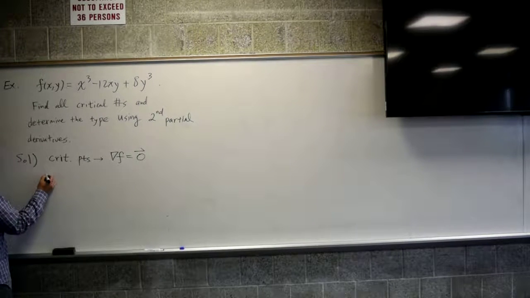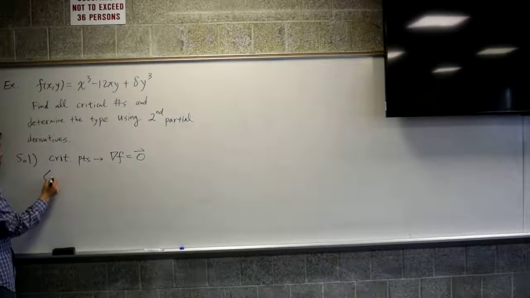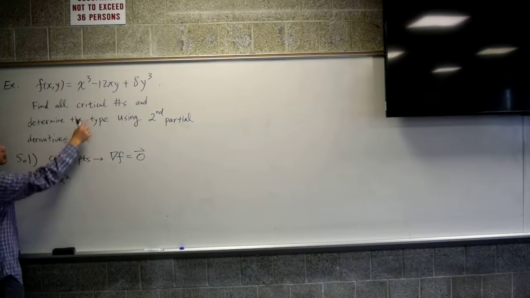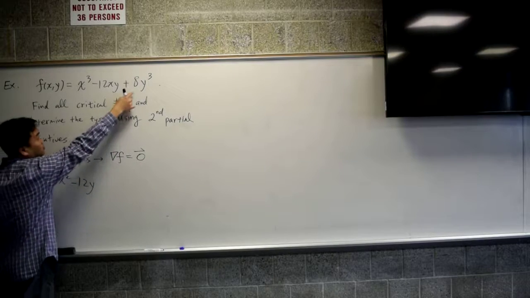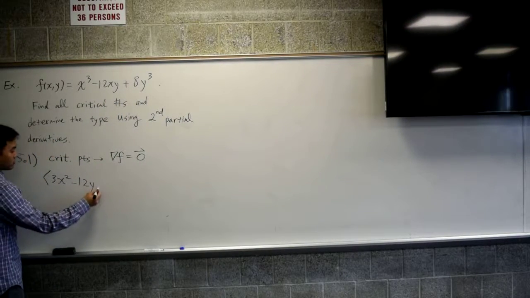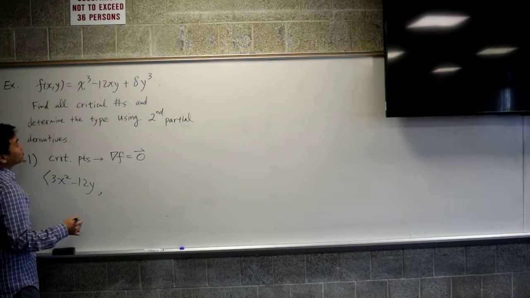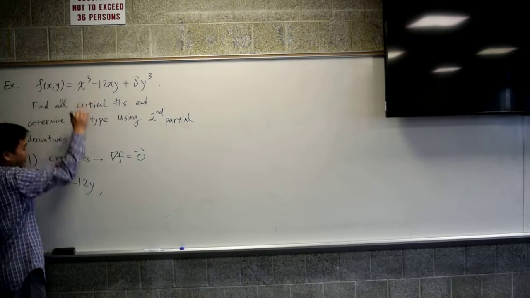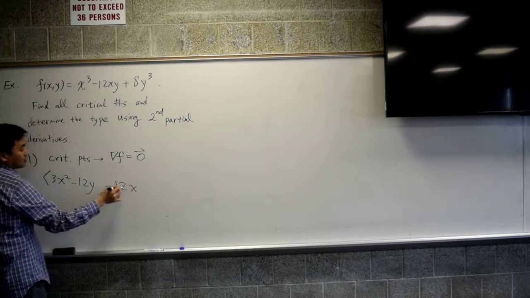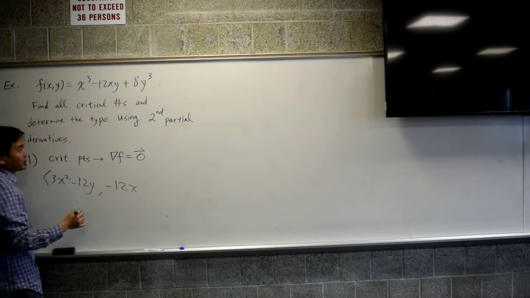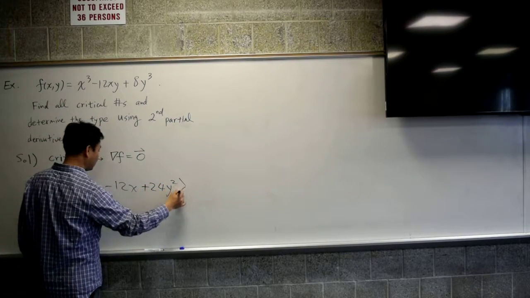And what's the gradient here? If you differentiate x cubed by x, you get 3x squared. Differentiating minus 12xy by x, you get minus 12y. Differentiating the last one by x, you get 0. And then if you differentiate by y, the first is 0, the second is negative 12x, and the last one you get plus 24y squared.